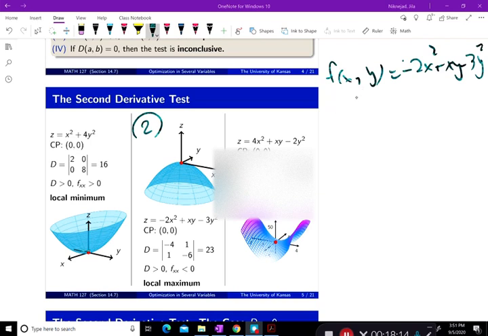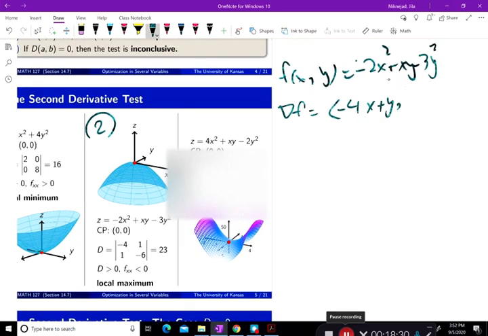So now, to be able to compute everything, first of all, I have to compute the gradient of f, and that's negative 4x plus y, and x minus 6y, set equal to 0.